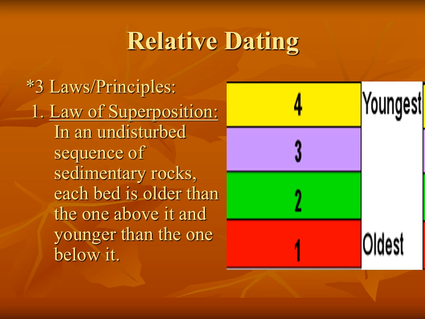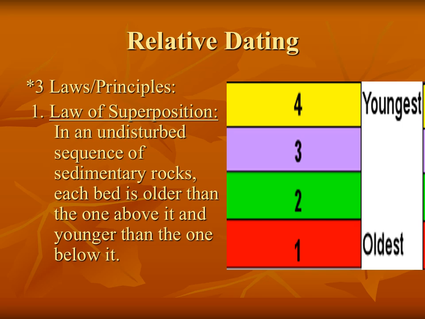There's 3 principles that go with relative dating. There's the law of superposition. Again, the word position is in there, so you know that we're talking about some kind of order. What this means is that in an undisturbed sequence of sedimentary rocks, like the rocks in the Grand Canyon where you have lots of easy layers to see, the bed on the bottom is the oldest and the bed on the top is the youngest.